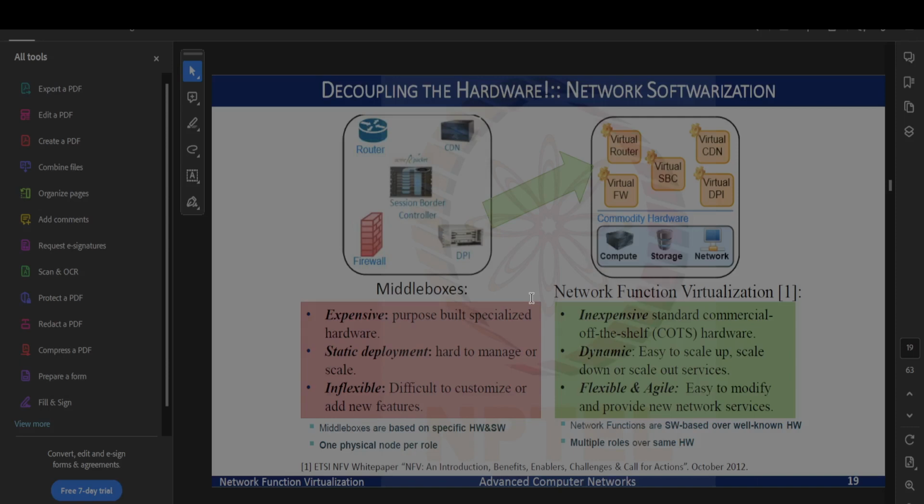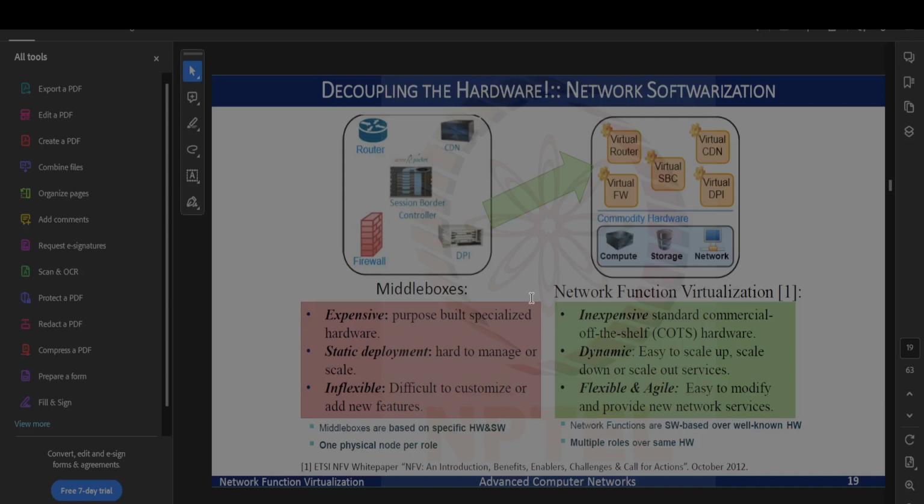That is, whatever the vendor provided, that is the functionality that we could get. If my enterprise wanted a specific additional feature, there was no way I could get that in the firewall. Whatever the vendor was providing is what we get.